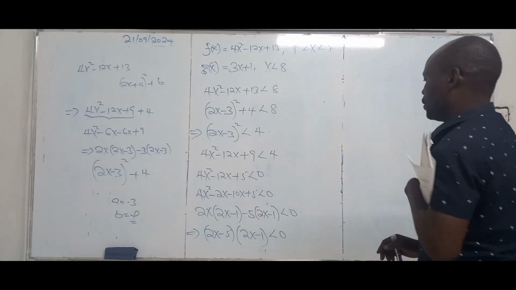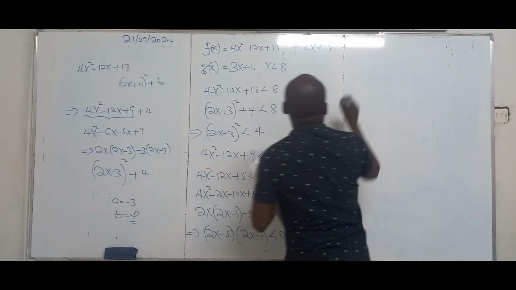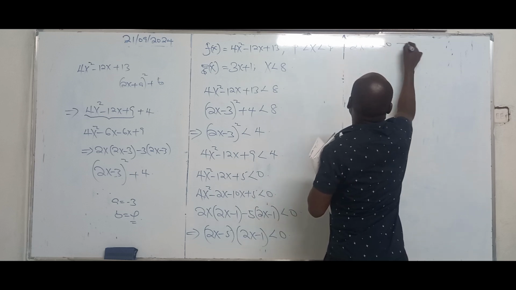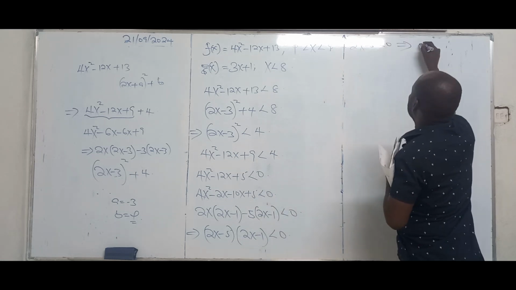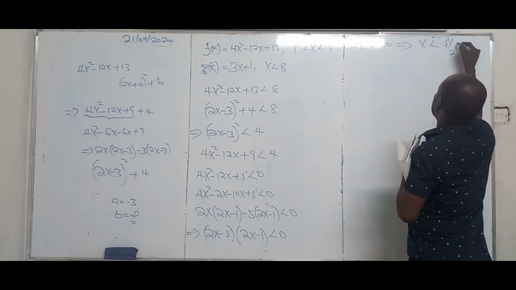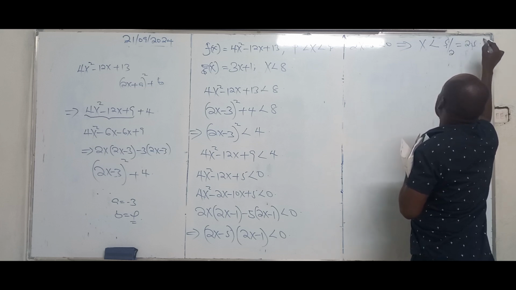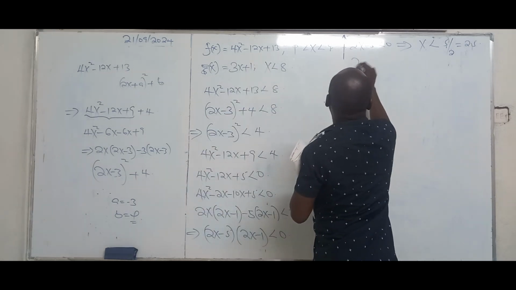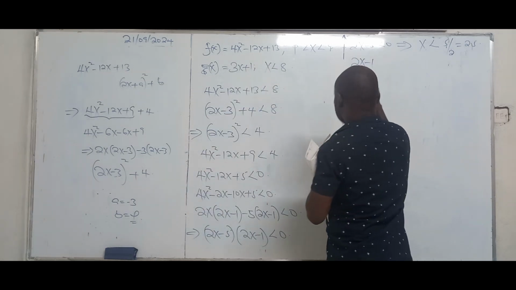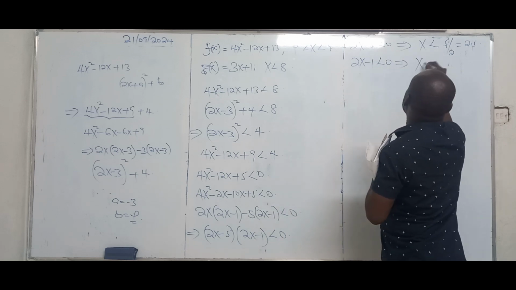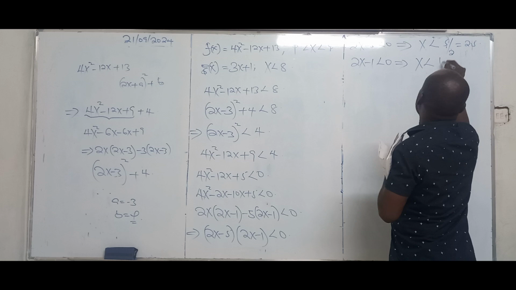So if I take this part, 2x minus 5 is less than 0. That should imply that x is less than 5 over 2, which is 2.5. If I take this, 2x minus 1 less than 0 should imply that x is less than half.